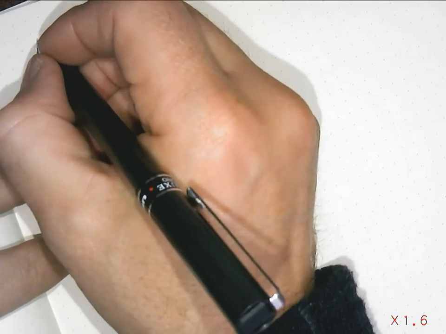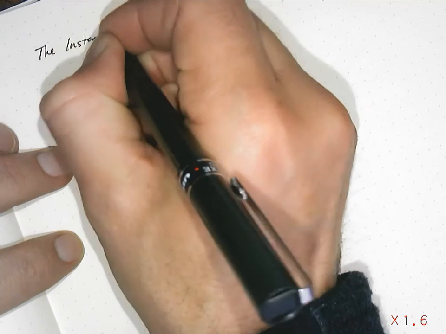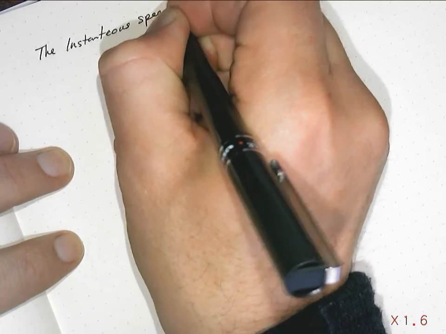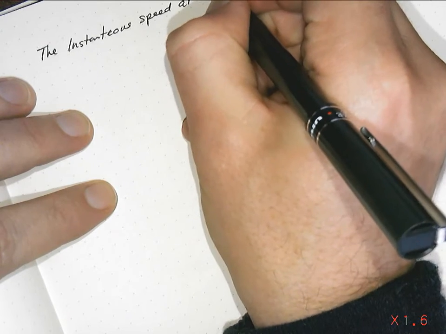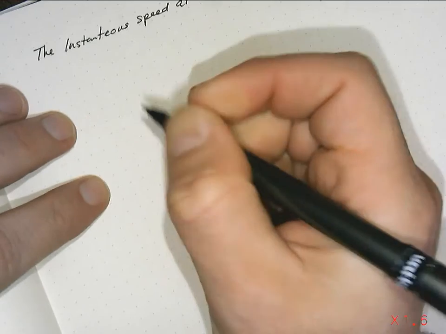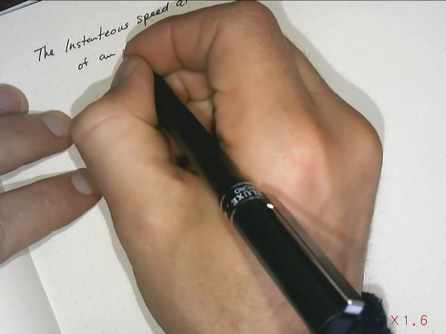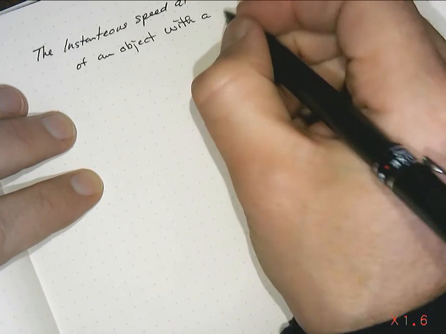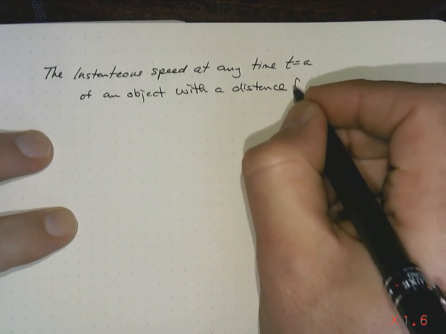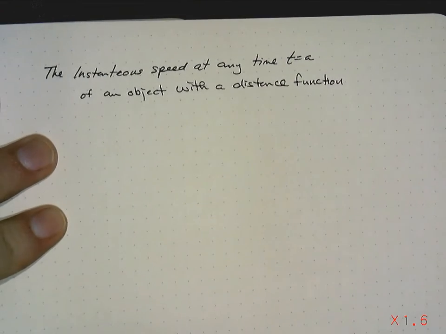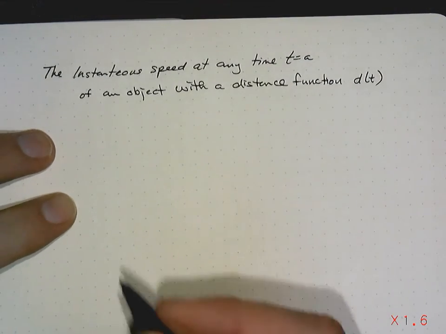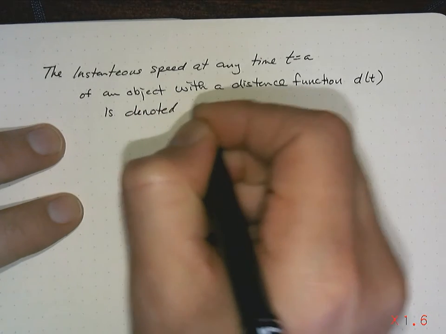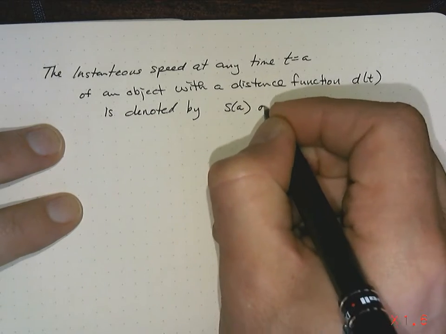So we'll do a definition here. The instantaneous speed at any time t equals a of an object with a distance function d of t is denoted by s of a or v of a.